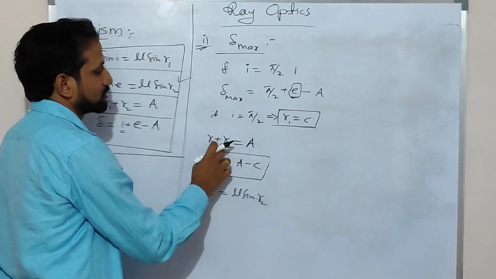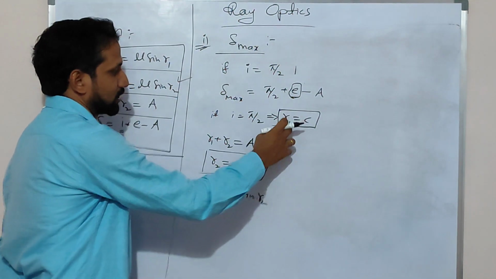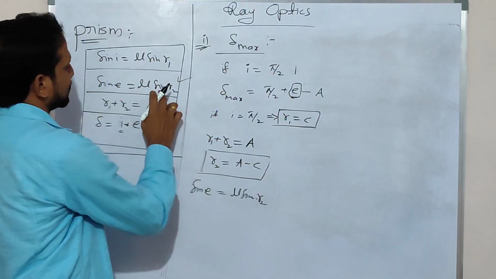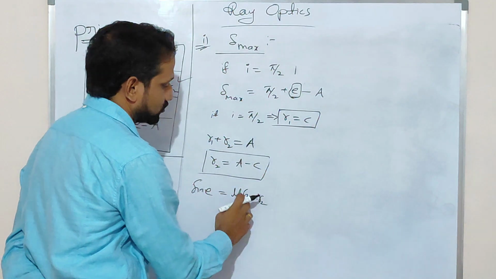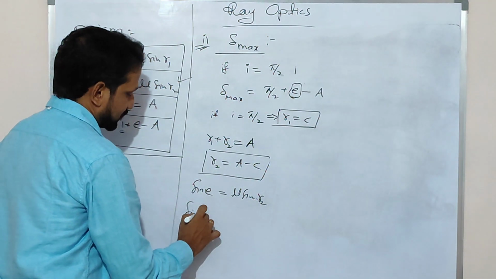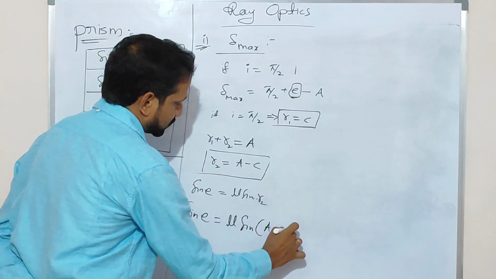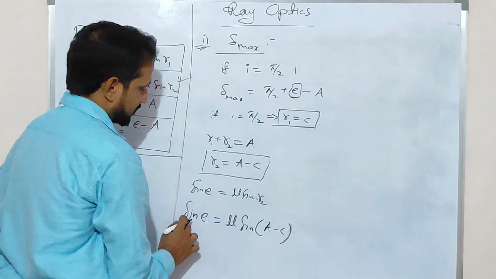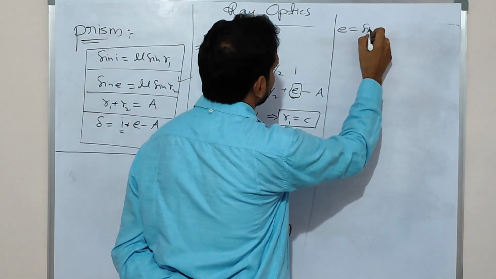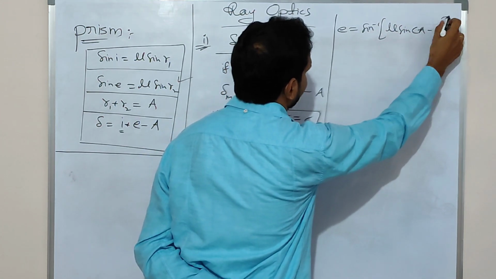Okay, so R1 plus R2 equals A, then we can say R2 equals A minus R1, but R1 equals C, so A minus C. Then from the second equation, sin E equals mu sin R2, and R2 I can substitute as A minus C. I'll get sin E equals mu sin (A minus C). So E equals sin inverse of mu sin (A minus C).